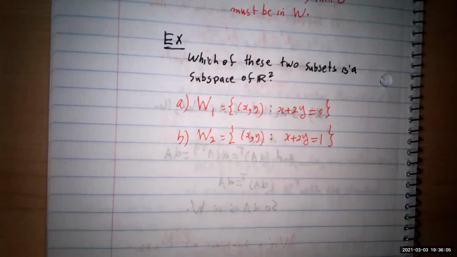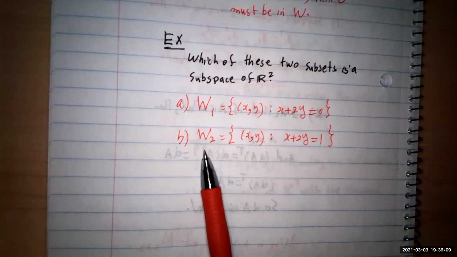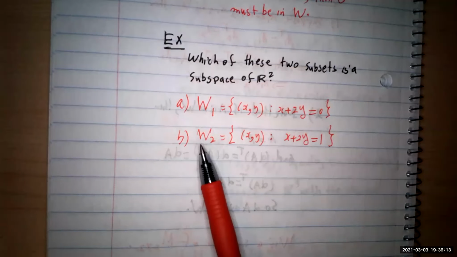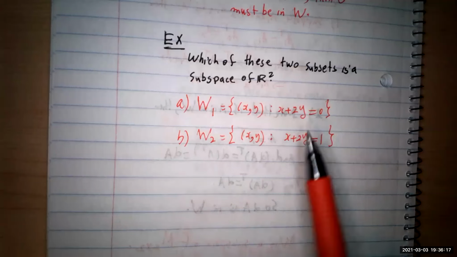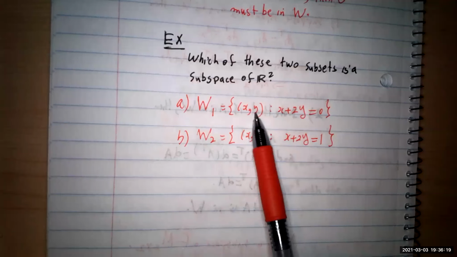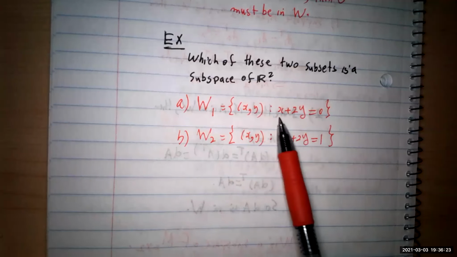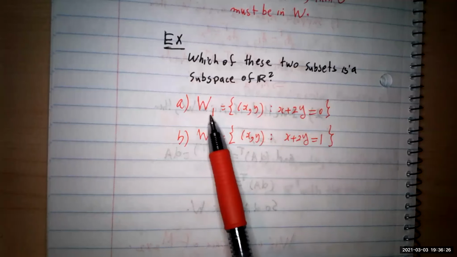First thing to do is look at this one. If W1 or W2 happens to be a subspace, it must contain 0. So you check 0, 0 here. 0 plus 0 is 0. It's satisfied. So 0 is in this one.